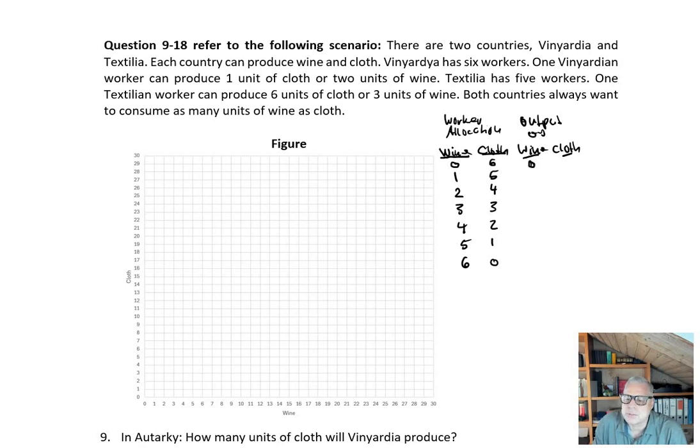So that's 0, 2, 4, 6, 8, 10, 12. And for cloth, one worker can produce 1 unit of cloth, so we multiply this column, the second one, with the workers times 1. And of course that is just then 6, 5, 4, 3, 2, 1, 0.